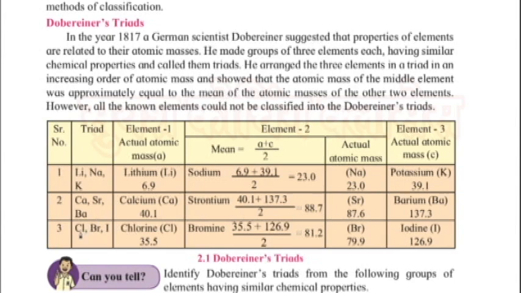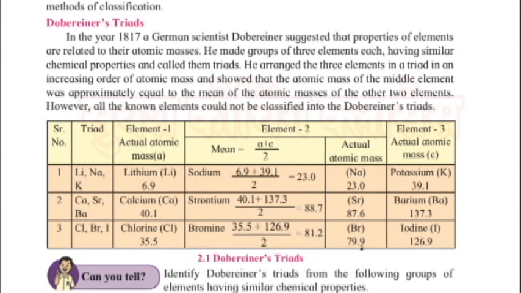The third example is chlorine, bromine and iodine. So the first element is chlorine, which has atomic mass 35.5. The last element is iodine, which has atomic mass 126.9. And if we take their average, their mean, it comes to about 81.2.